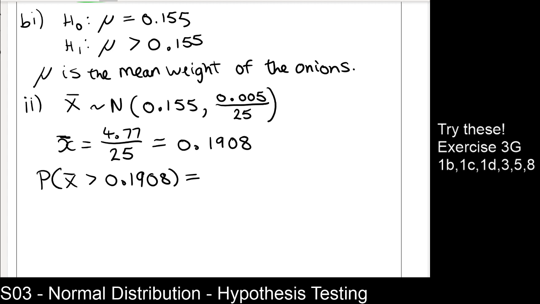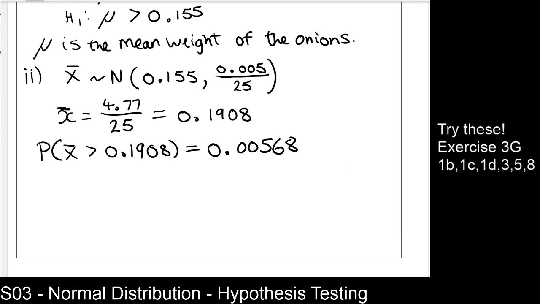Remember to put the square root of 0.005 over 25. That will be your sample standard deviation. And when we do that, we get 0.00568. Now, that is going to be your probability.